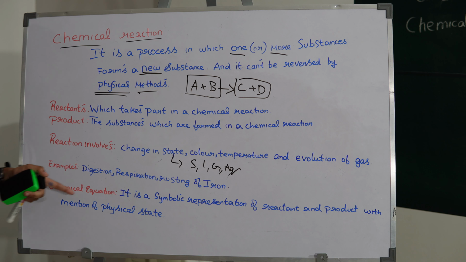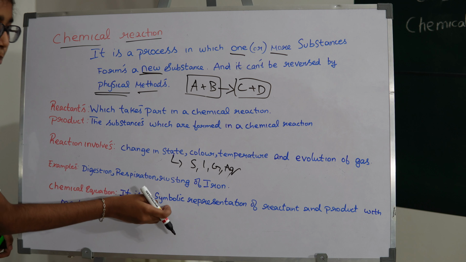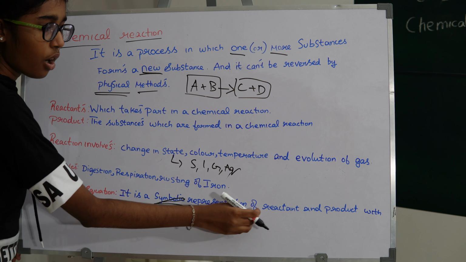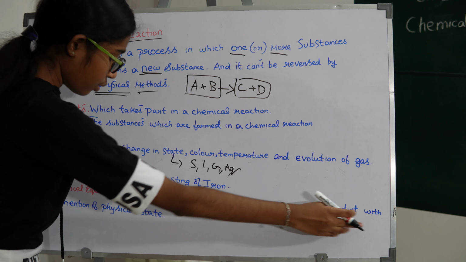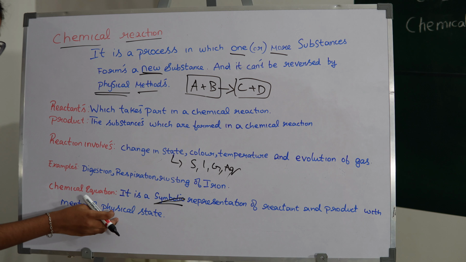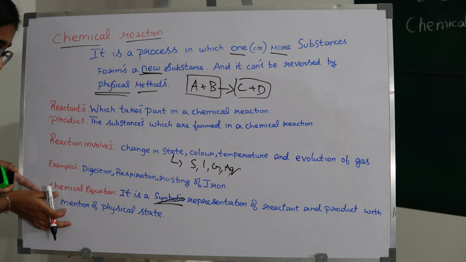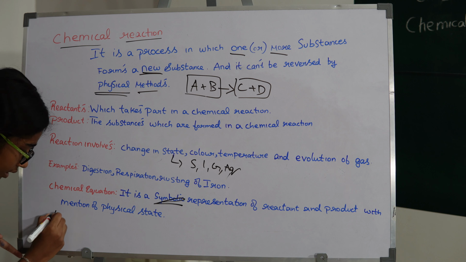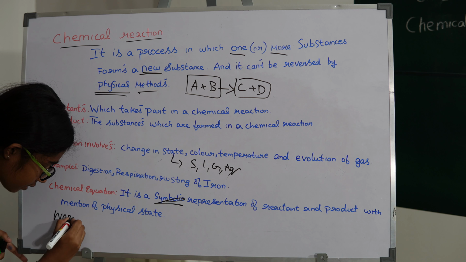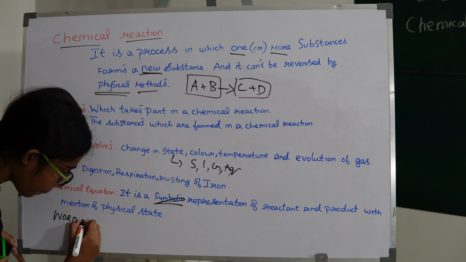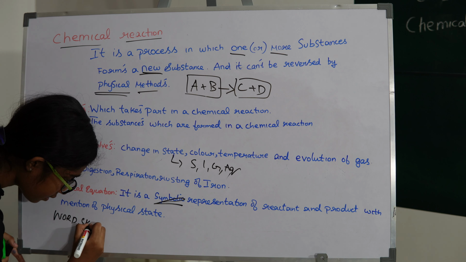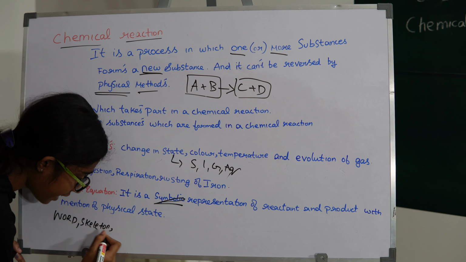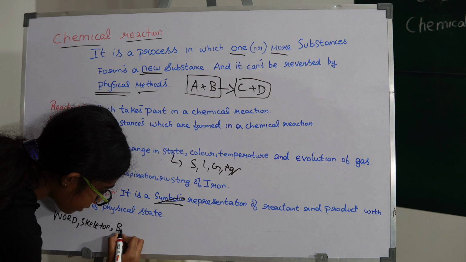Next is a chemical equation. It is a symbolic representation of reactant and product with mention of physical state. And a chemical equation can be of three types, which is a word, a skeleton, and balanced.